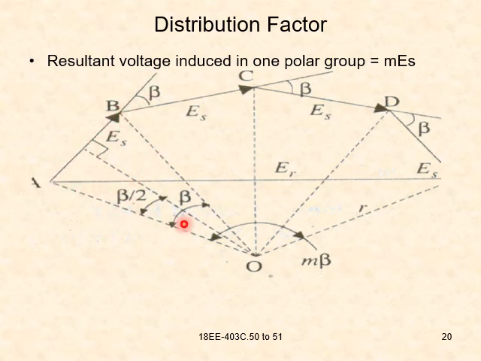So the total angle is beta, and half will be beta by 2, and for m number of coils we have m into beta, where m is the number of slots per phase per pole.